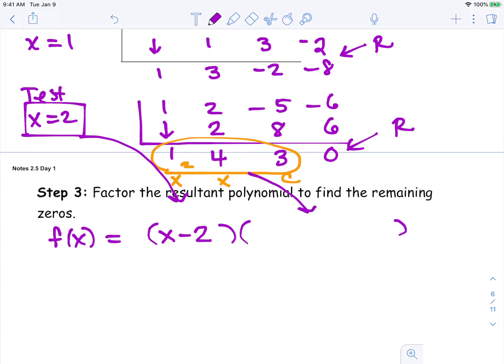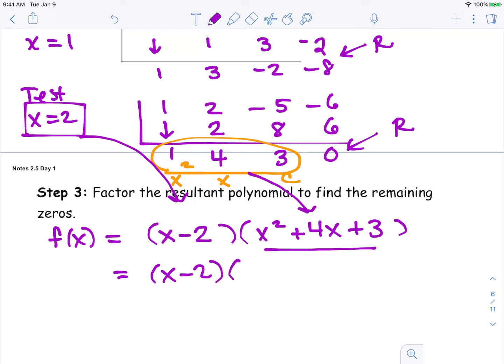The second factor comes from the result of synthetic division. x squared plus 4x plus 3. Now we can factor this quadratic. What are the factors of 3 that add to 4?